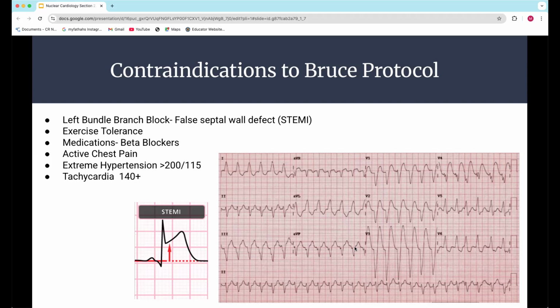Okay. The other real main reason we avoid it is we get a false septal wall defect. So I talked to you about how, remember, the left bundle branch comes down through that septum and causes the contraction of the ventricle. A left bundle branch block means that from the AV node down that branch, there's some kind of slowing that's not communicating.